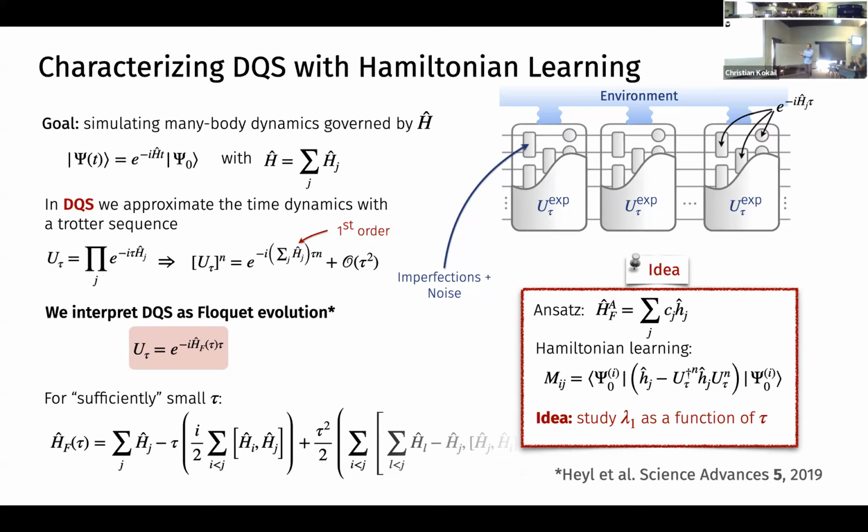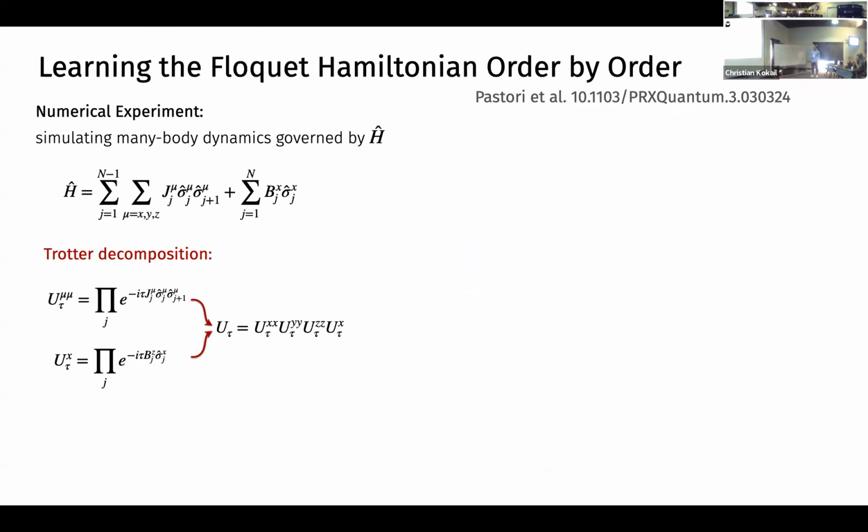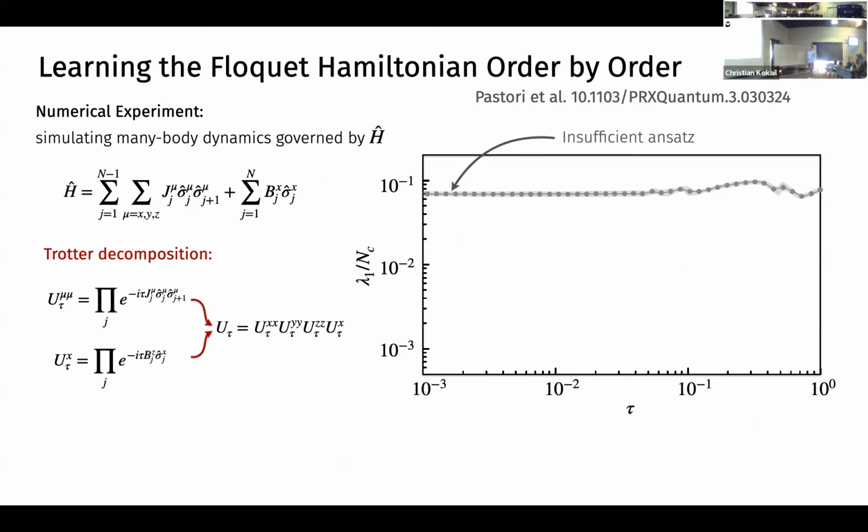But of course, the energy will not be conserved exactly for a finite ansatz, because there are additional terms in this Floquet Hamiltonian. That the energy is not conserved shows up in a finite value of the smallest eigenvalue of the matrix that you diagonalize.